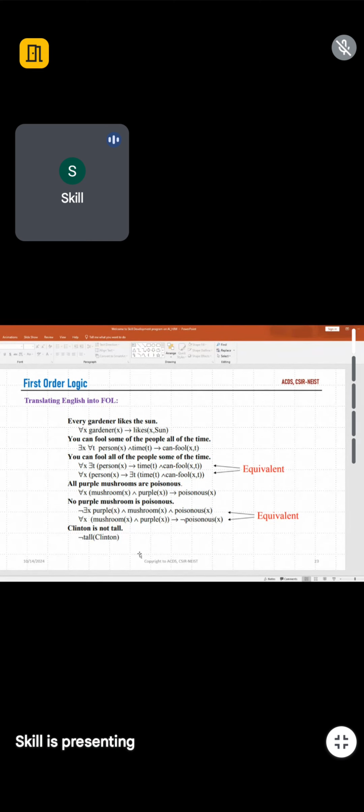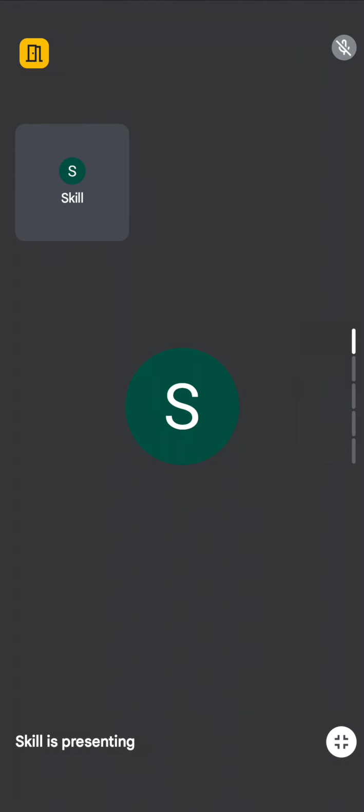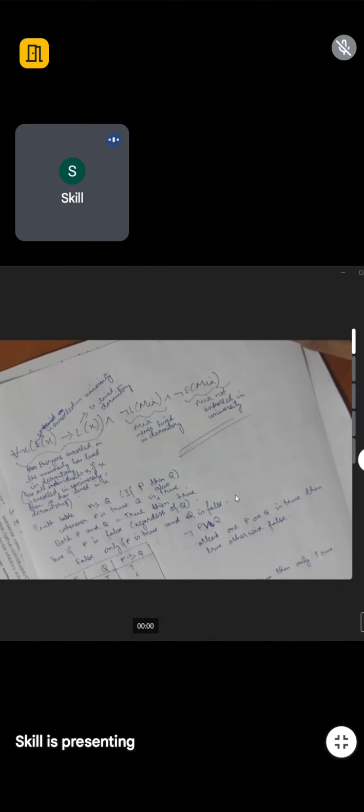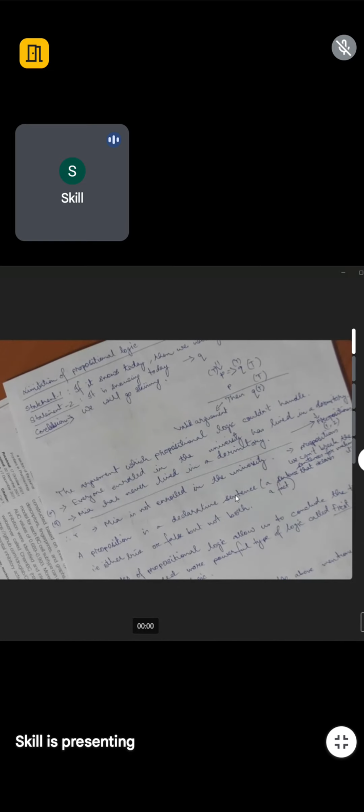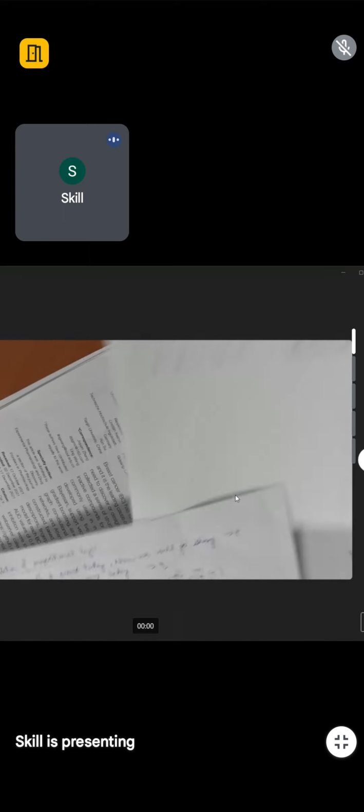So we will see how we can write that in first order logic. I will share it. So in first order logic, we can write this particular statement like this.